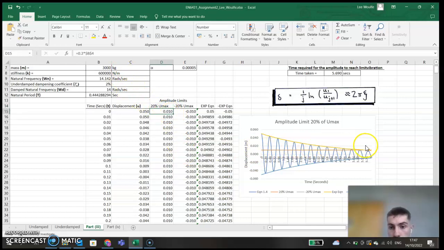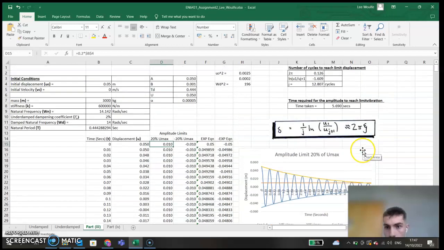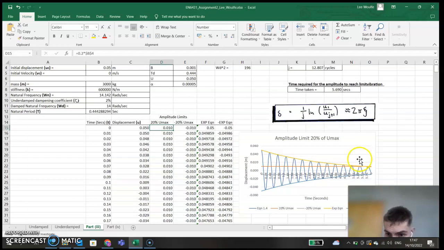This gave us our lines going straight across the graph. This was where the amplitude limit line crosses our amplitude decaying line. That was the number of cycles it took to reach the limit displacement. So we could read off the graph.